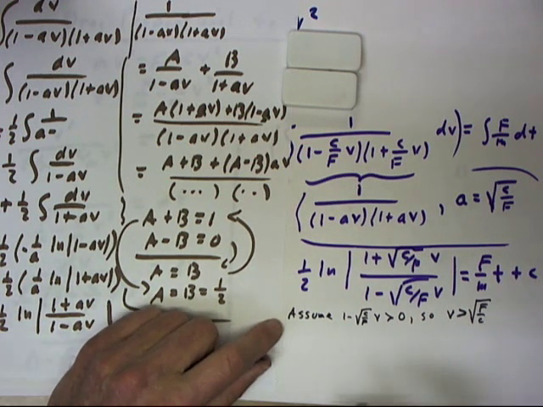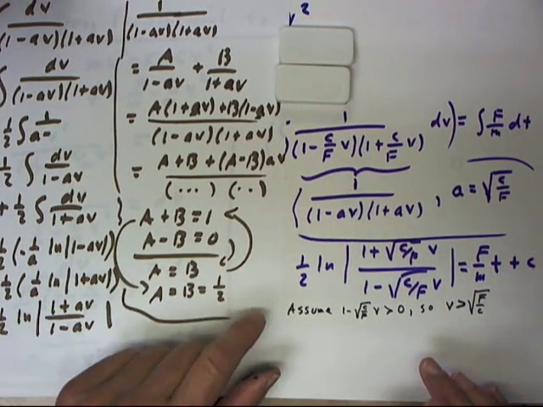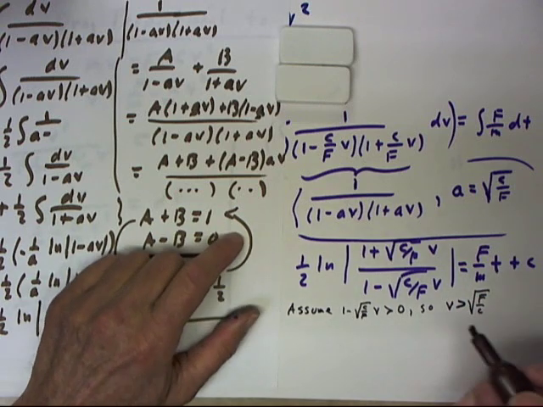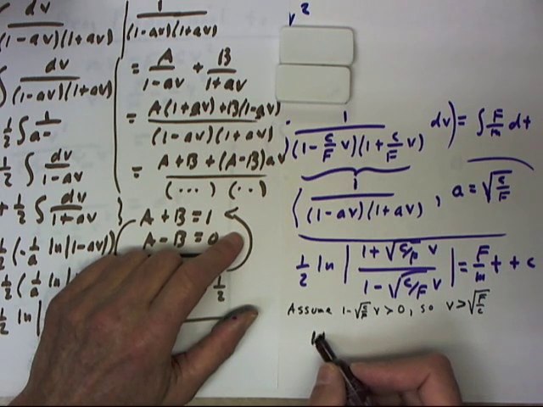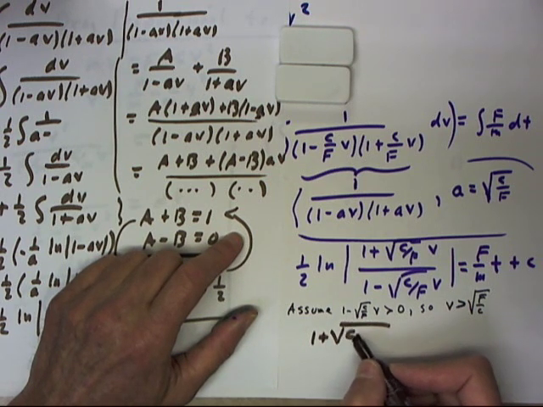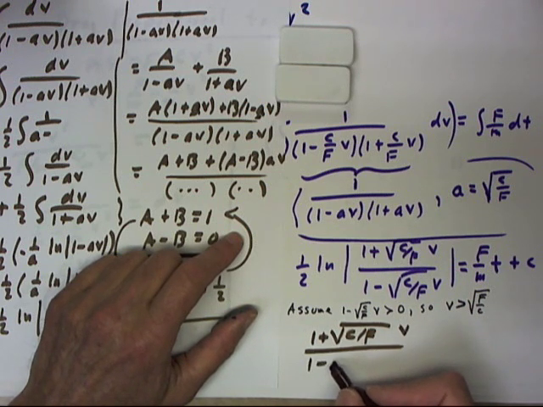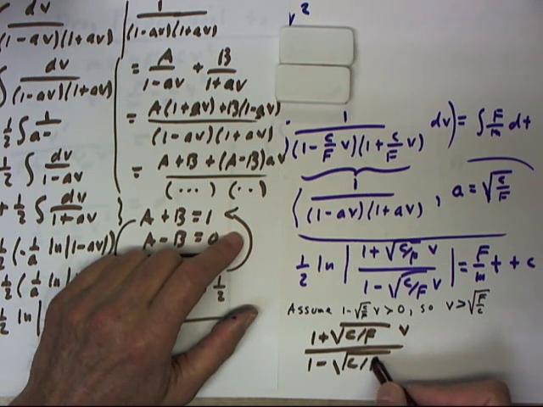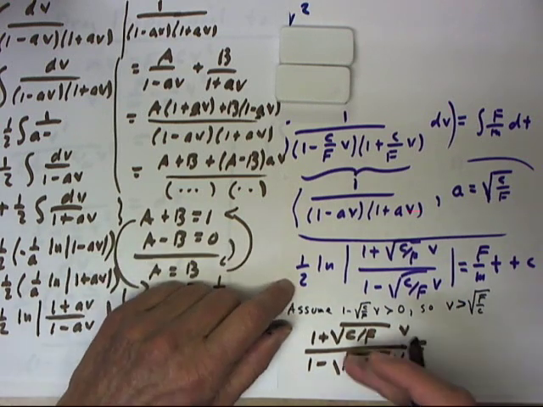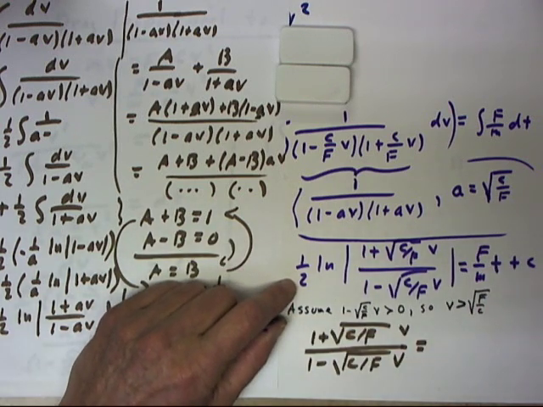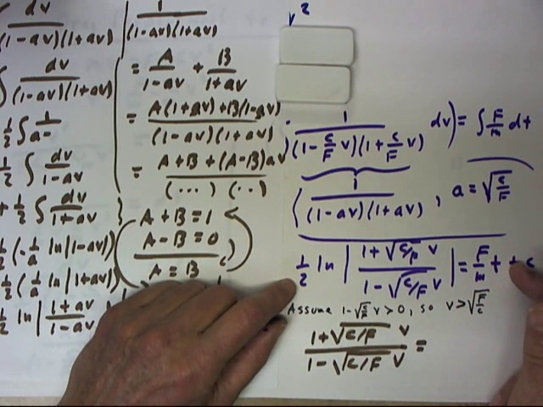Okay, so if we assume this, we can get rid of the absolute value sign, and again, we're going to skip a step here because we've been through situations similar to this one. We're going to have 1 plus the square root of C over F times V divided by 1 minus the square root of C over F times V equals, I'm going to multiply through by the 1/2, or by the 2 to get an expression over here.